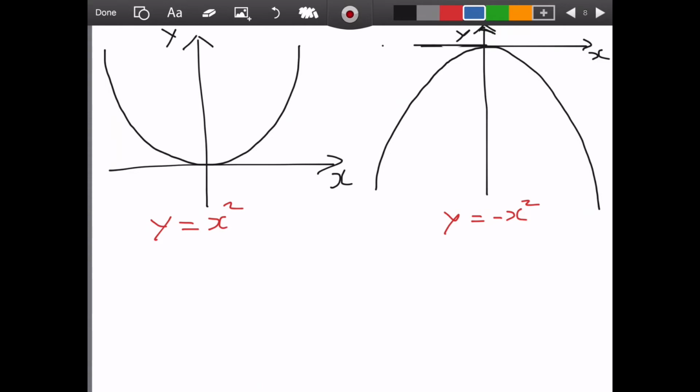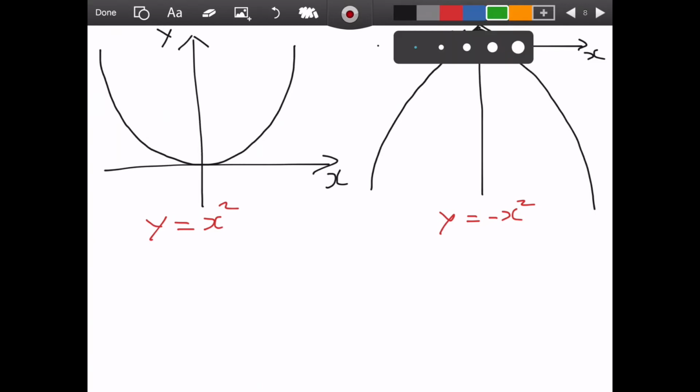The first kind is a normal bowl-shaped graph, and the second kind is an inverted bowl shape, looks like this. I think you have also learned in school that the normal bowl is a y equals x squared graph, and the inverted one is a y equals minus x squared graph.